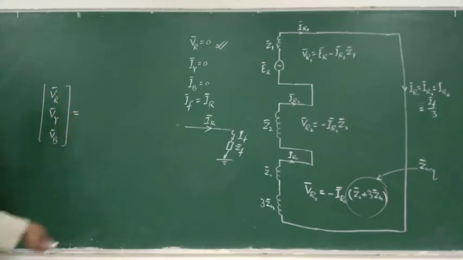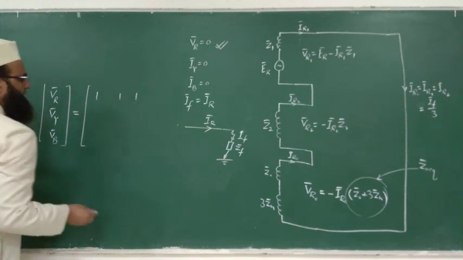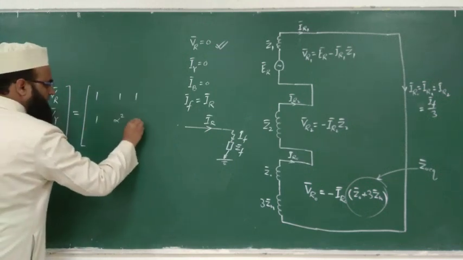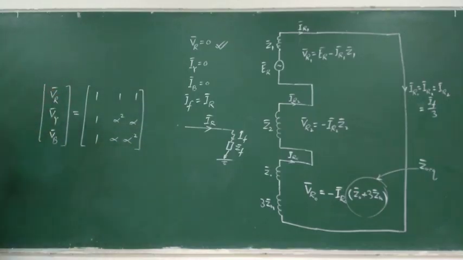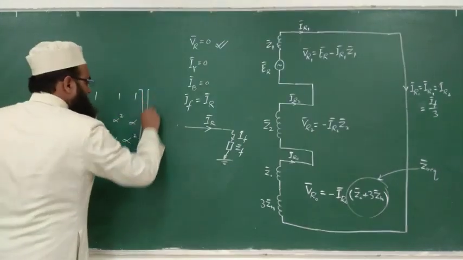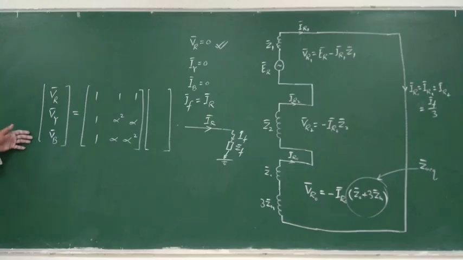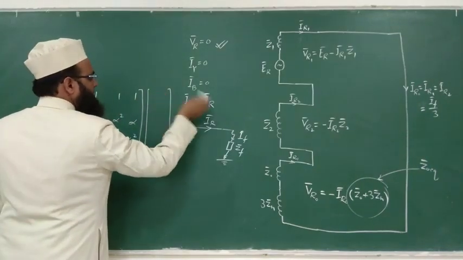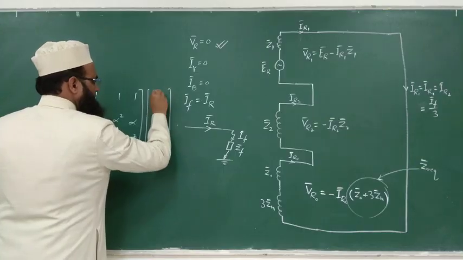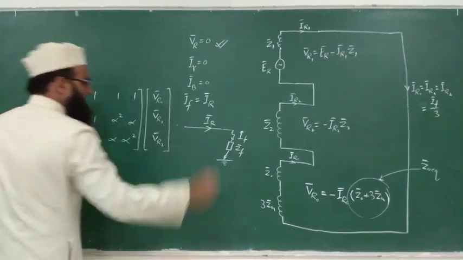So how to write this? 1, 1, 1, 1 alpha square, is not it? 1 alpha, alpha square. Now you are writing reverse of that. Knowing sequence components, you are writing the phase voltages. So this will be, tell me the value. VR0, VR1, VR2.